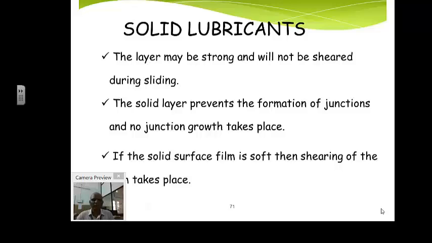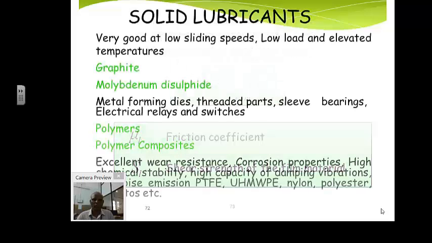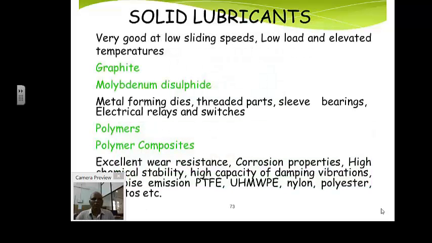If the layer is strong, then it will not be sheared, the parent material will be sheared, and the solid layer prevents the formation of junctions, and no junction growth takes place. If the solid surface is soft, then shearing of the solid surface takes place. One major advantage is that they can be operated at low sliding speeds, low load and elevated temperatures.